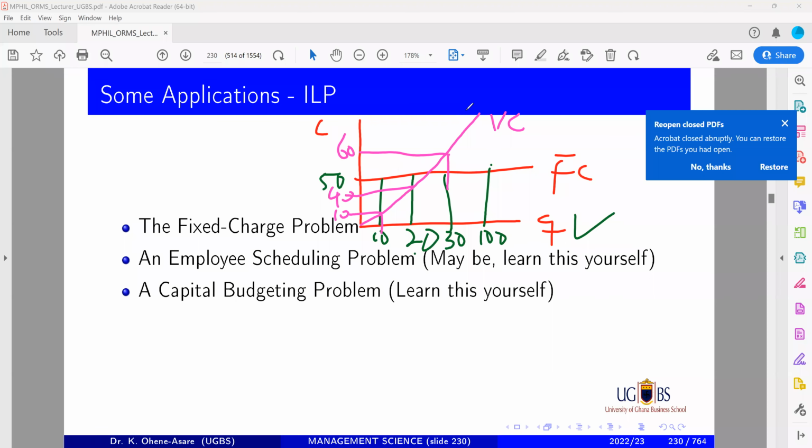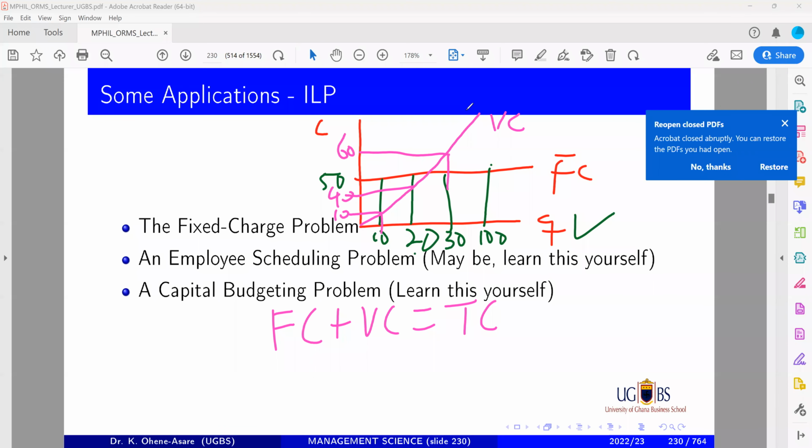The fixed cost or the fixed charge plus the variable cost is what will give you the total cost of the firm. So the total cost of the firm is the combination of the fixed cost and the variable cost.